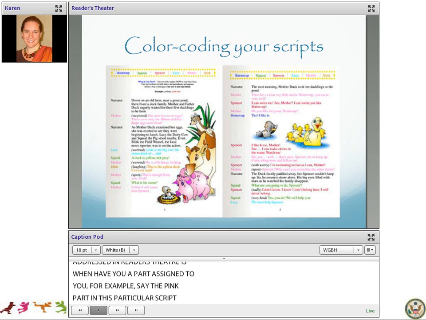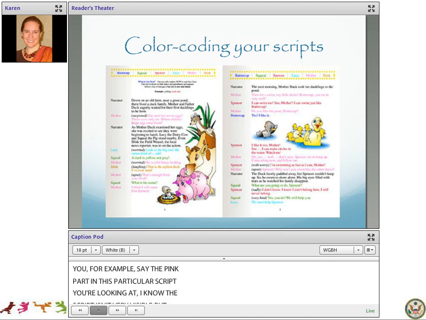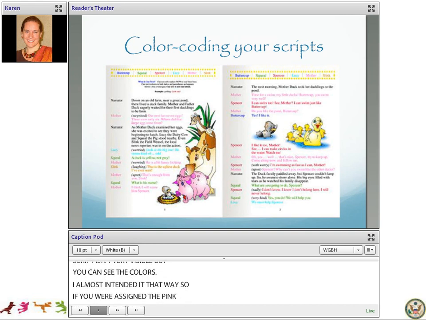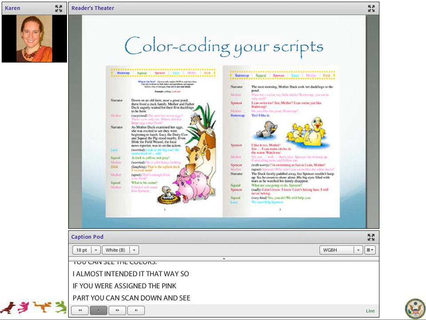I almost intend it that way, so that if you were assigned to the pink part, you could easily scan down and see when your part is coming. This is a highly scaffolded version of the script when it is color-coded in this fashion. You can see that coming up.